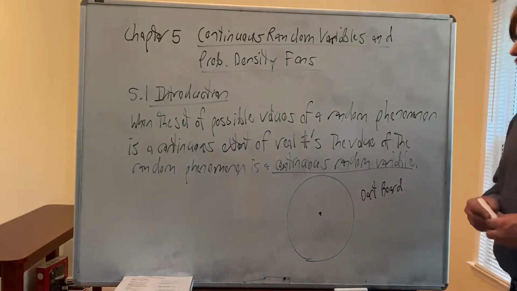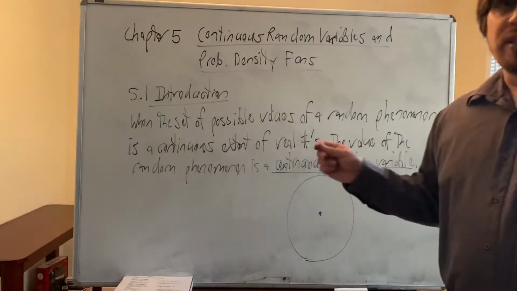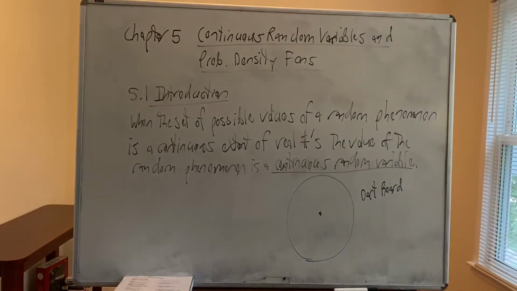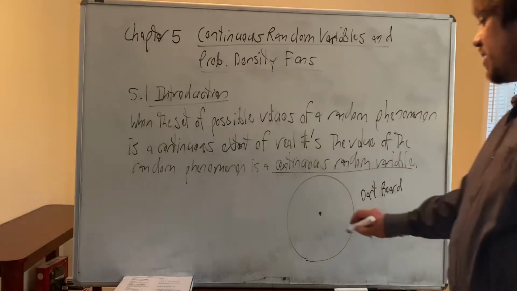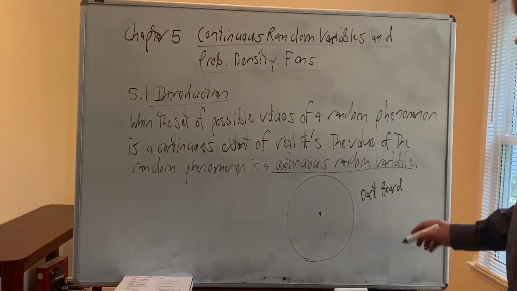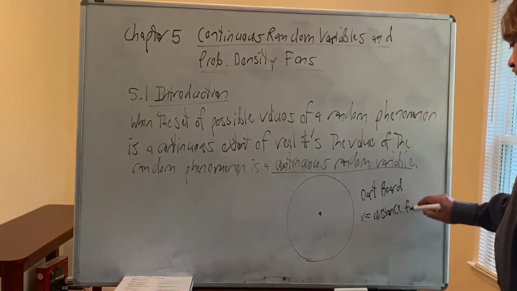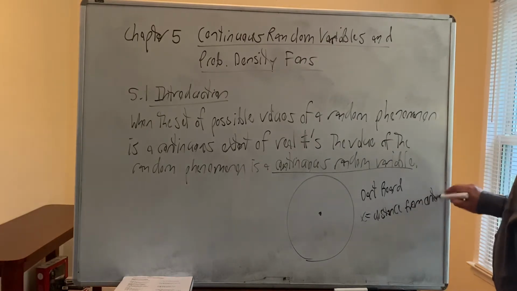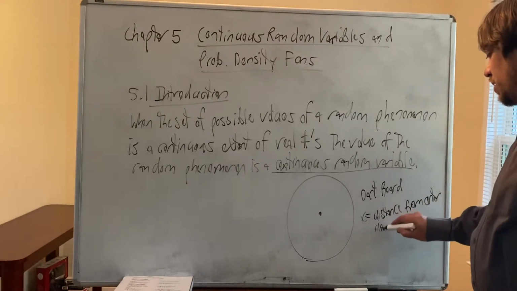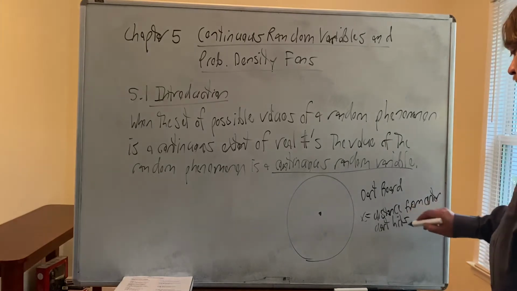Okay, and so you have a dart, and you stand a few feet away from it, and you try to throw it at the very center, right? And so let's say capital X is the distance from the center.